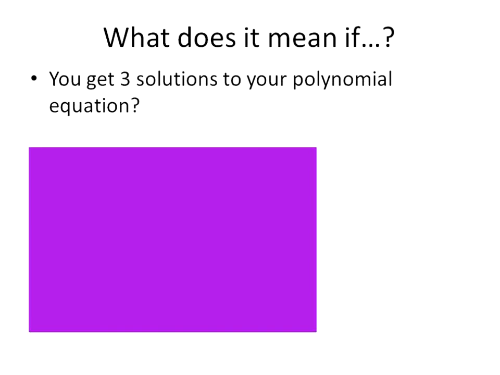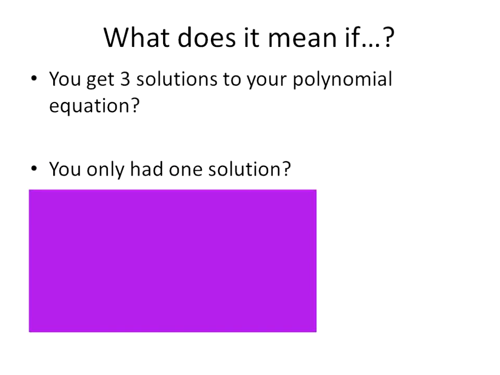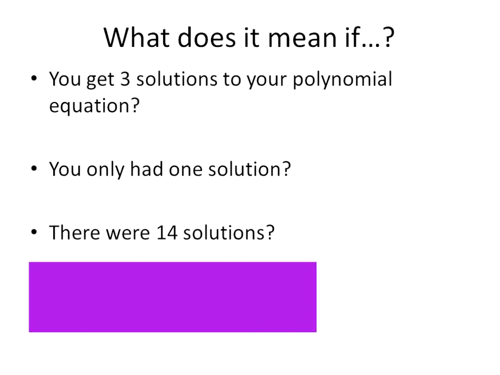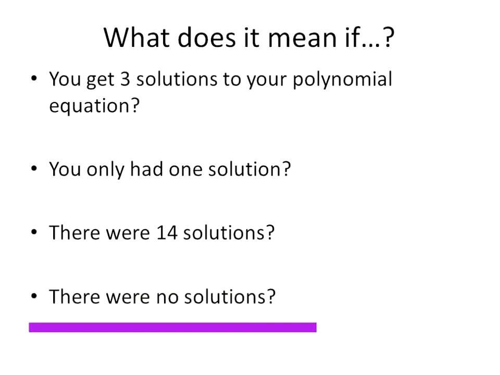What about if you had 1 solution? What does that mean? The graph only crosses 1 time. What if you had 14 solutions? It's going to cross 14 times. What if there are no solutions? It never crosses the x-axis. Okay? So something to keep in mind.